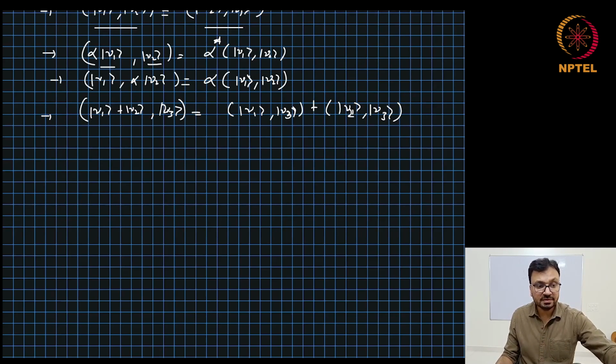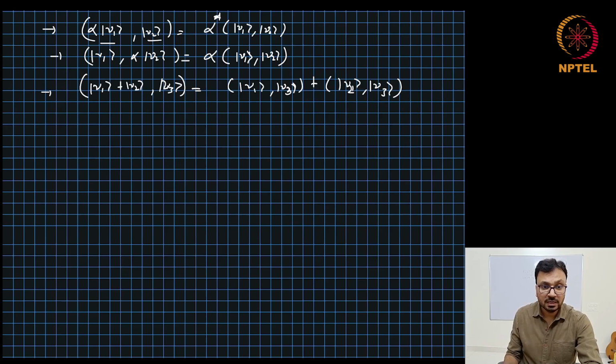It seems very trivial, but sometimes these properties can be very, very important. Throughout the foundations of quantum mechanics course, we will be representing (V1, V2) as the bra V1, this opposite symbol, and the ket V2. So this will be the definition. This is how we will be representing the inner product.